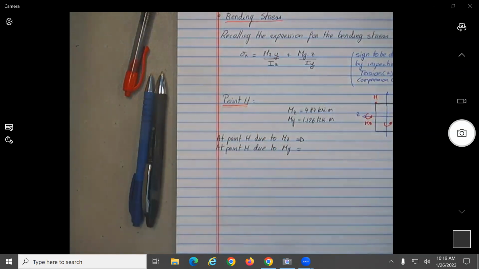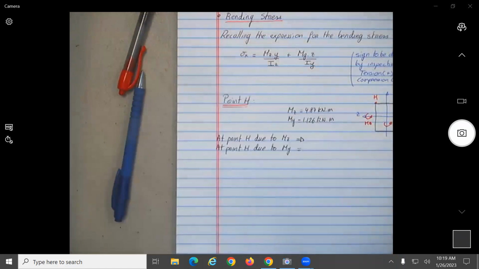If you remember, if something is bending, let's say this page is bending this way, is the top in tension or compression? Tension, and the bottom will be in compression. Okay, so that's what we're looking at now over here, point H. So let's look at the Mz. What would it be?